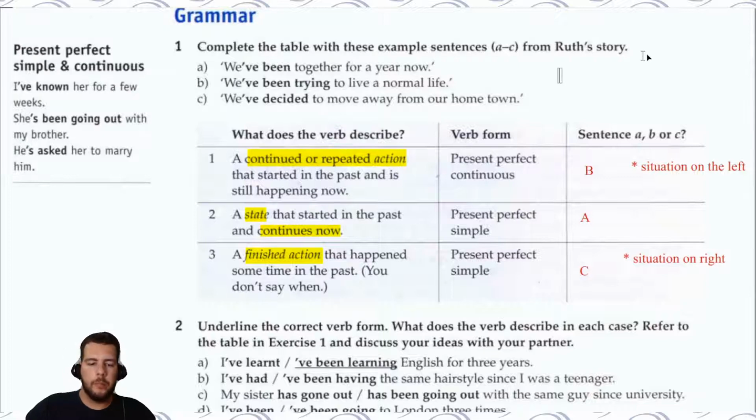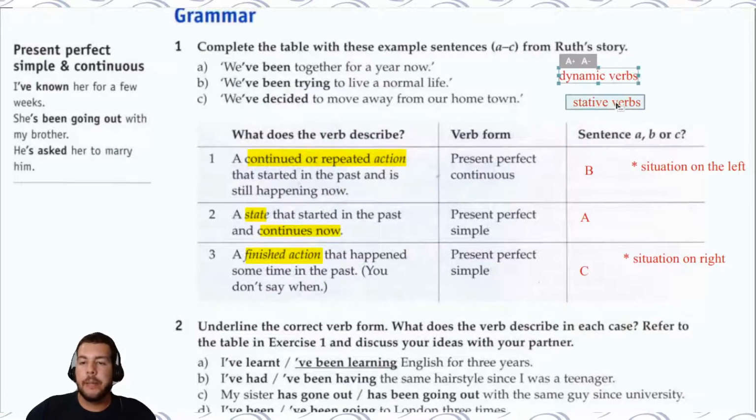As you might remember, we have two types of verbs. We have dynamic and stative verbs. So it is very common to use the present perfect continuous with dynamic verbs.